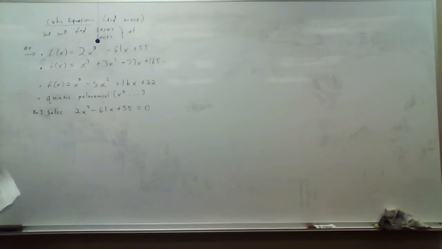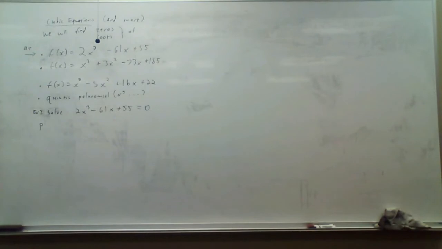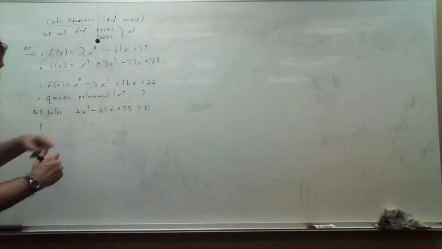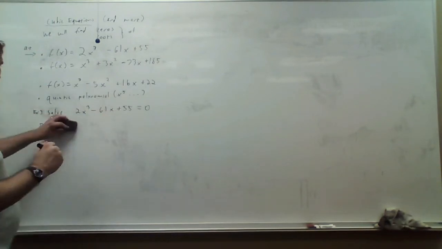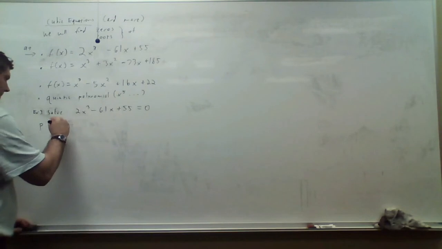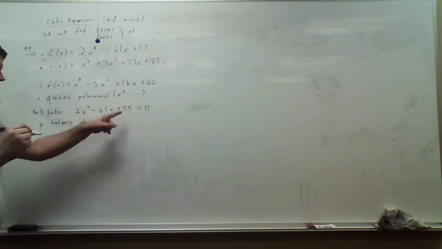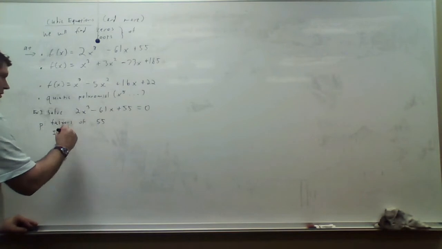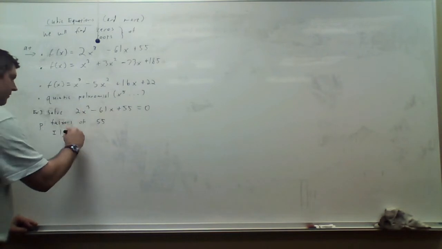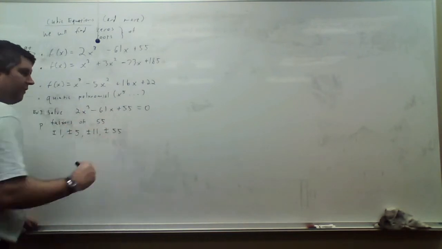All right. Now, P is going to be all my factors of 55. Okay? So the factors of 55, factors of the constant, would be plus or minus 1, plus or minus 5, plus or minus 11, plus or minus 55.